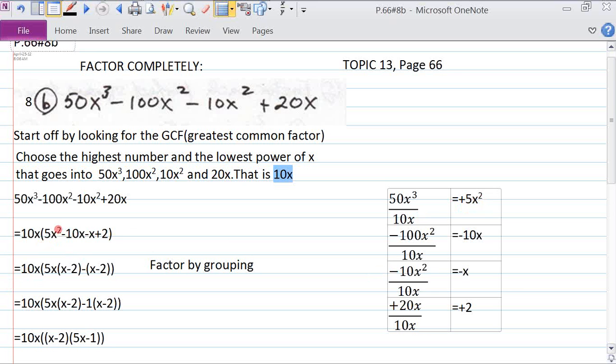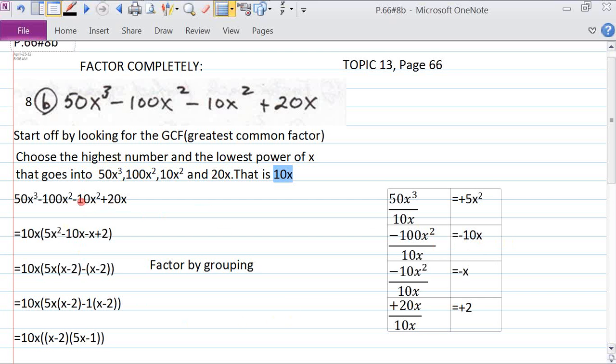I take the next term, minus 100x squared, and I divide that also by the 10x, the greatest common factor. The 10 goes into 100 minus 10 times. X squared divided by x gives me x, so that gives me this term here.